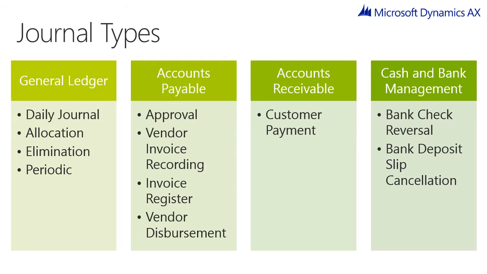You may consider creating multiple journal names of the same type if you have different approval processes, want different vouchering numbers, or want to set the security controls of the journal differently for different types of transactions.